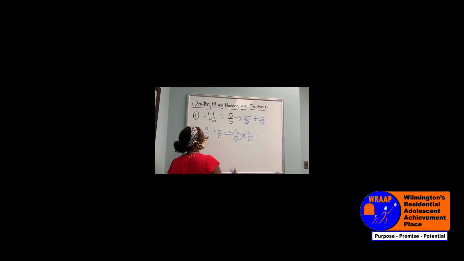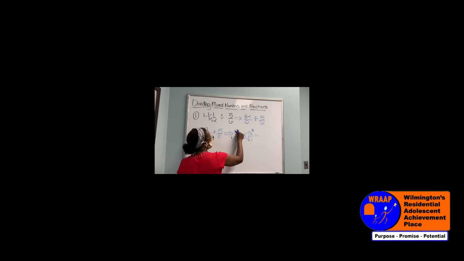It's going to be 2 is the common factor. How many times does 2 go into 2? 1. And how many times does 2 go into 6? 3 times. And then I look at this numerator and that denominator across from each other and see if they have any factors in common, and they don't. So we're going to go ahead and solve from there.